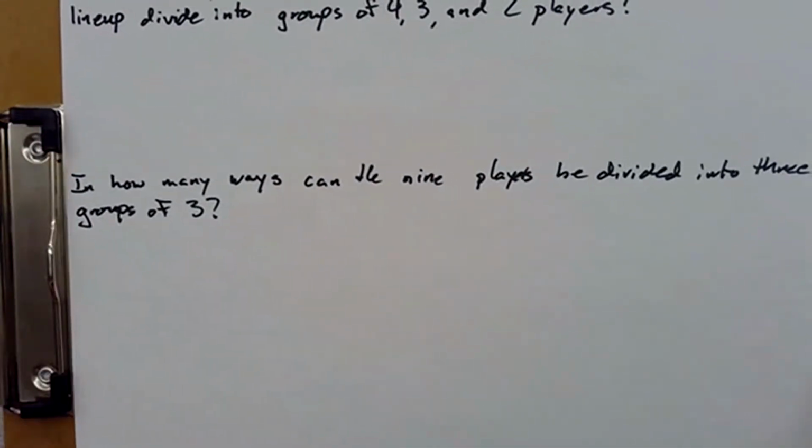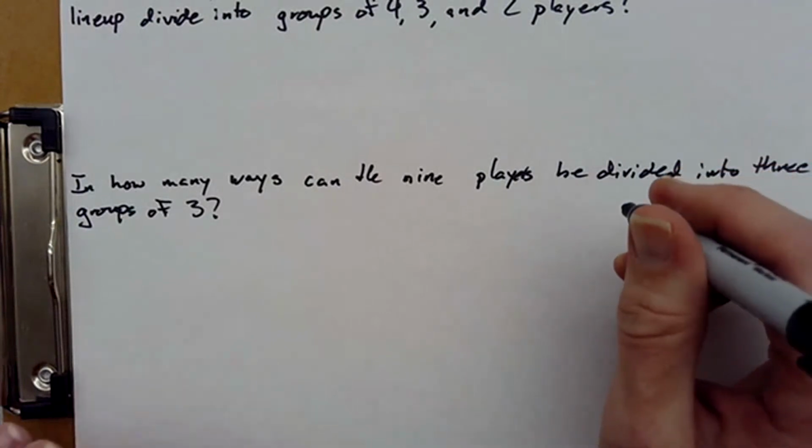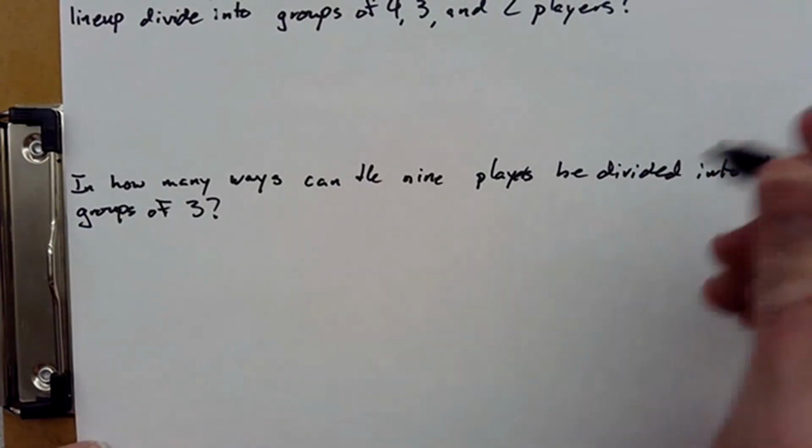Last page here. In how many ways can the 9 members of a baseball lineup divide into groups of 4, 3, and 2 players? Well, if we pick first the group of 4 players, and again, order doesn't matter, so we're going to do a combination here.